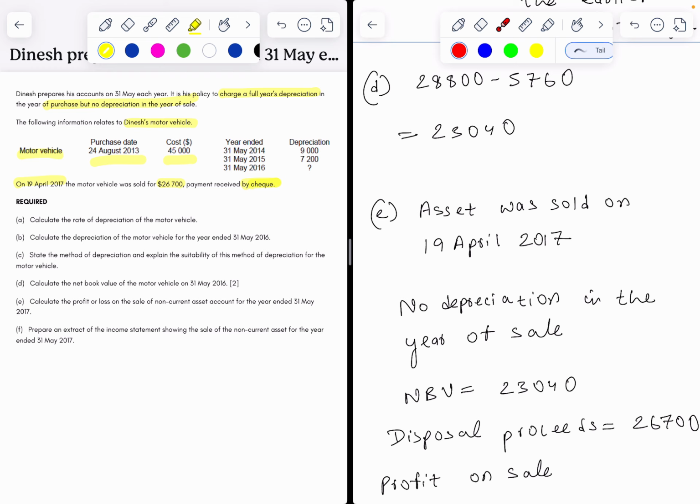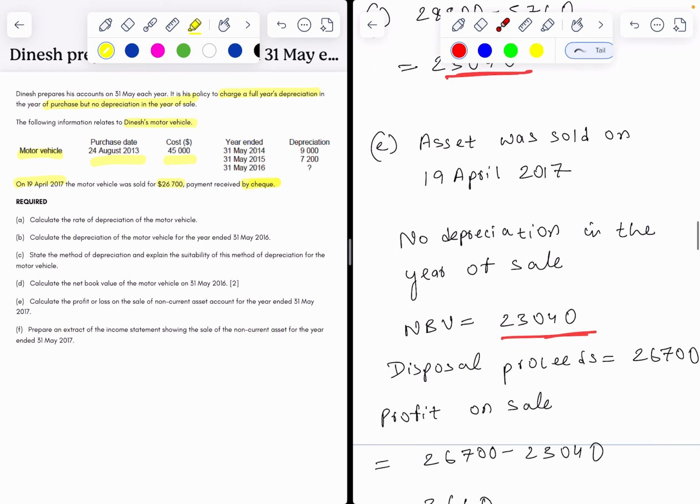That means the net book value that we will use is the net book value which we calculated at 31 May 2016 to be $23,040, right? And the disposal proceeds is $26,700, which is the money that we have received in our bank account by selling this asset.